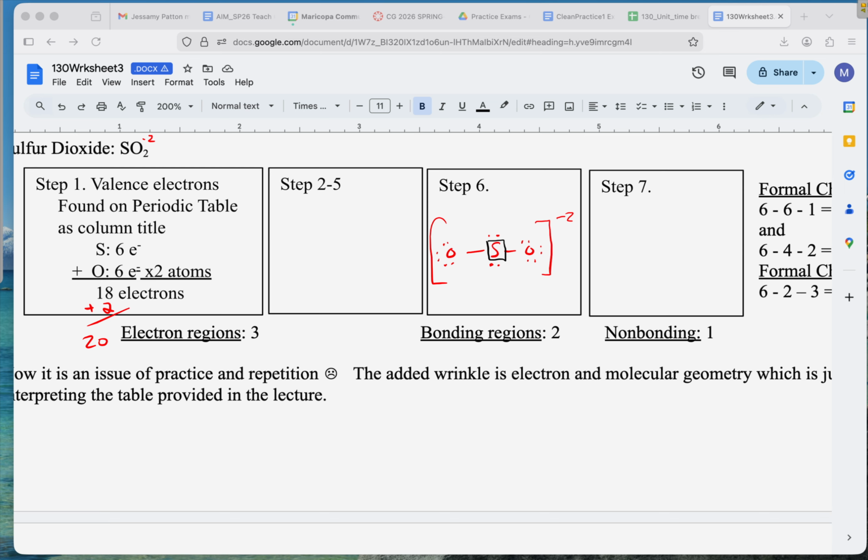So if it's going to be multiple choice, you're going to have a list of answers, and you could very well have tetrahedral and bent on this. When should you say it was bent? If the question asks what is the molecular geometry, when should you say it was tetrahedral? What is the electron geometry?